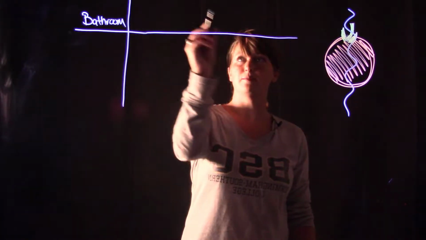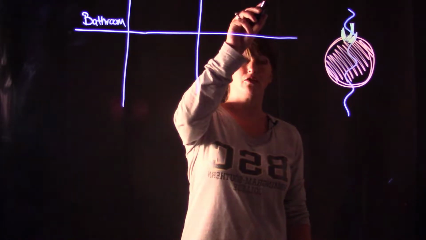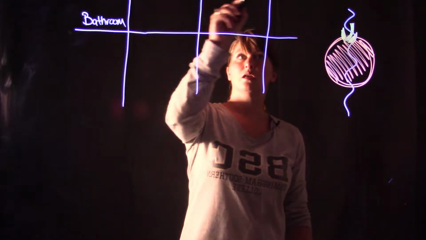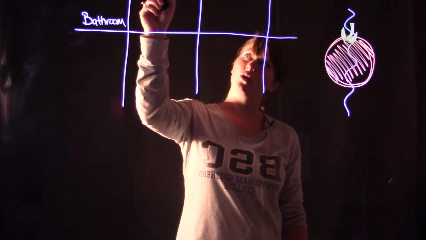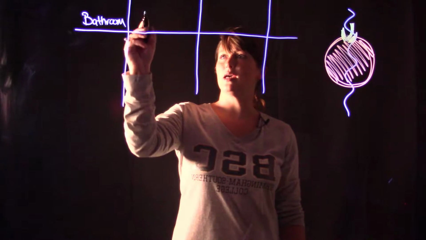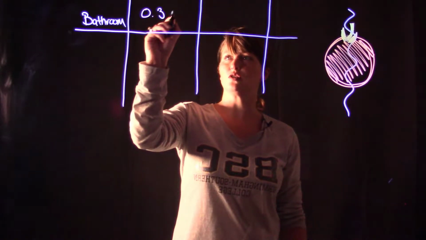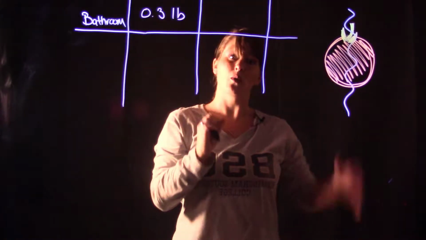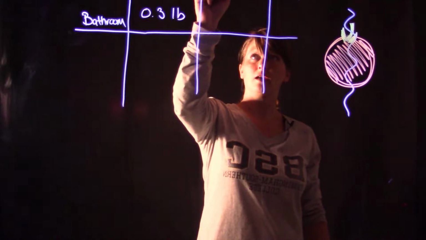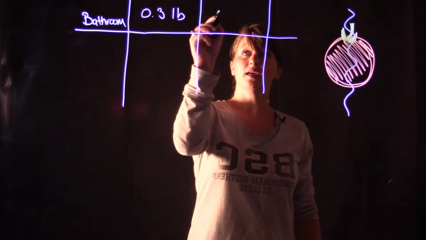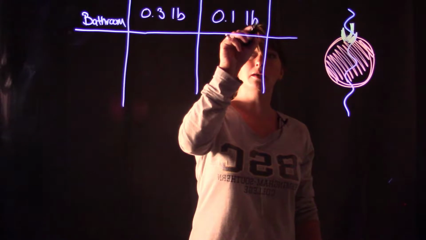So if I weighed my whole apple on the bathroom scale, the whole apple might weigh somewhere around 0.3 pounds. When I cut the apple in half and weigh one of the halves, it might weigh 0.1 pounds.